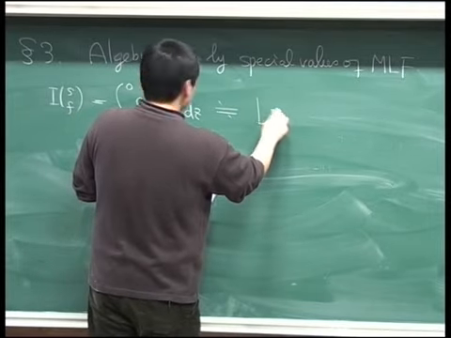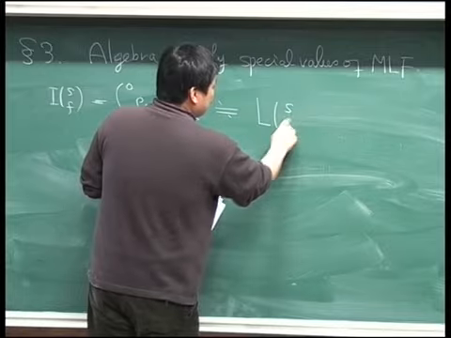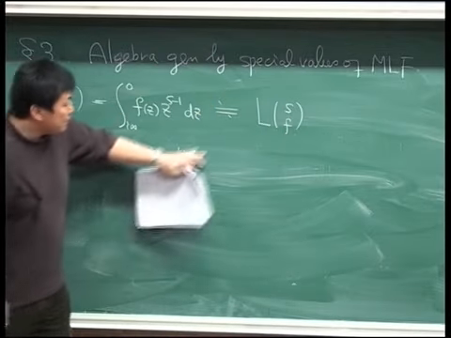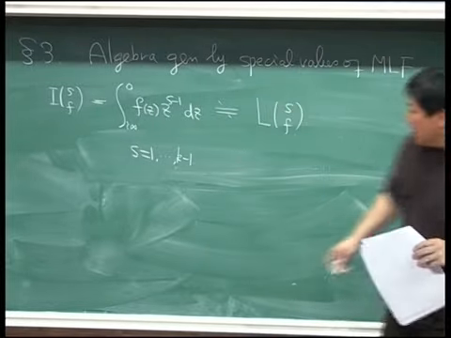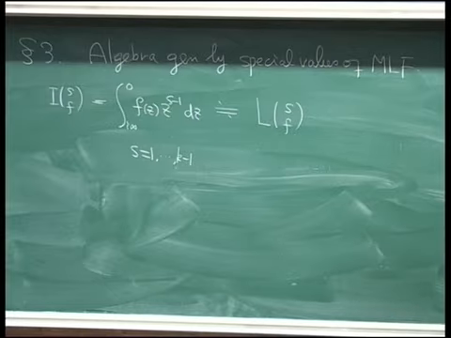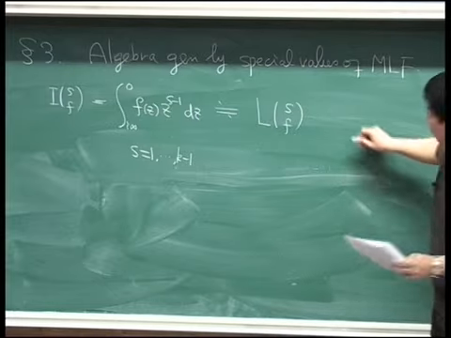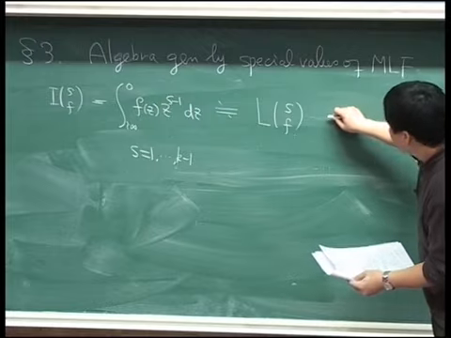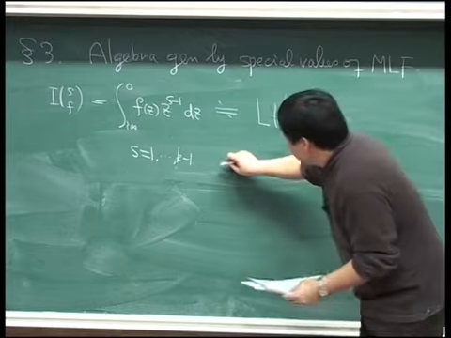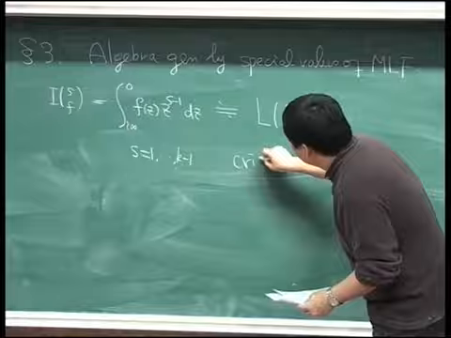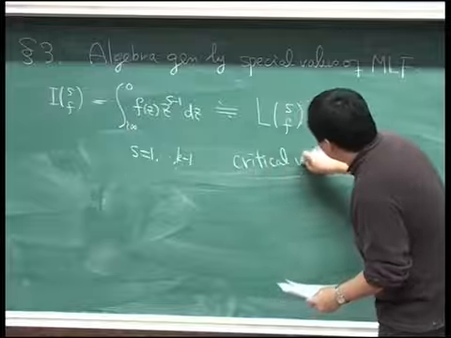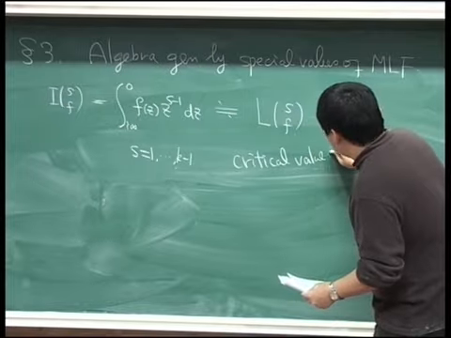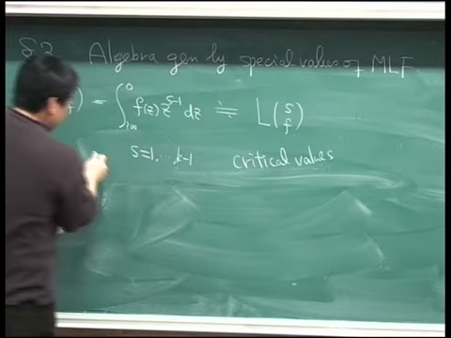Such a value is called a critical value, and it is known there are linear relations among such special values.